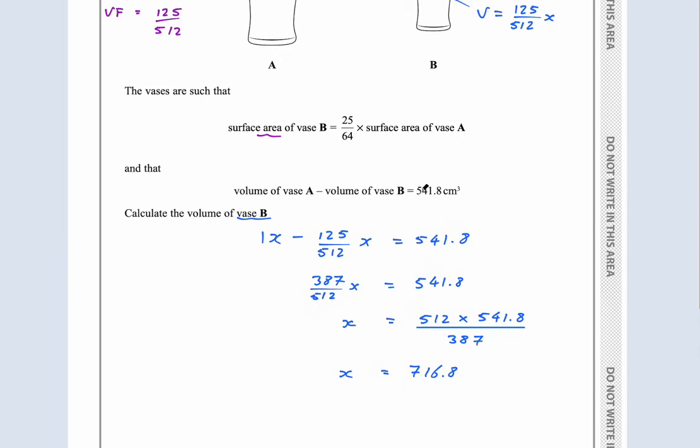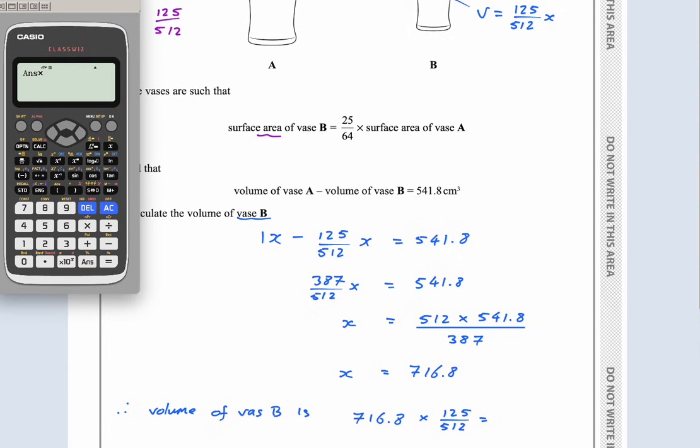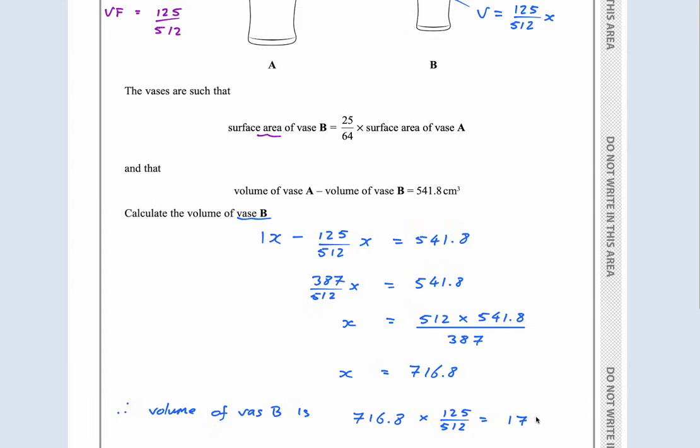So if that's x, I can then say, therefore, the volume of vase B is 716.8 times the 125 over 512, which is exactly 175, and that is correct. So the volume of vase B is 175 centimeters cubed.